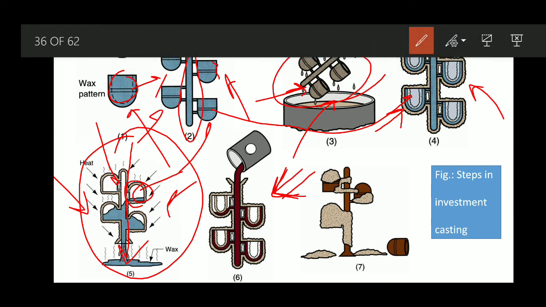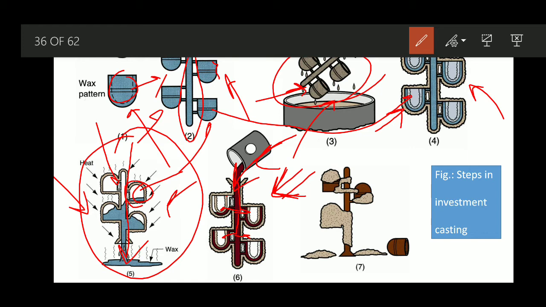It has acted like a tree. Now we are going to pour the molten metal, and through the sprue it will run through it and fill up all the cavities, that is the mold cavity, and it gets solidified.